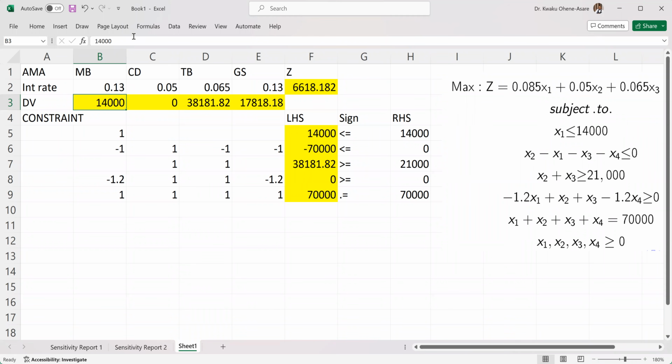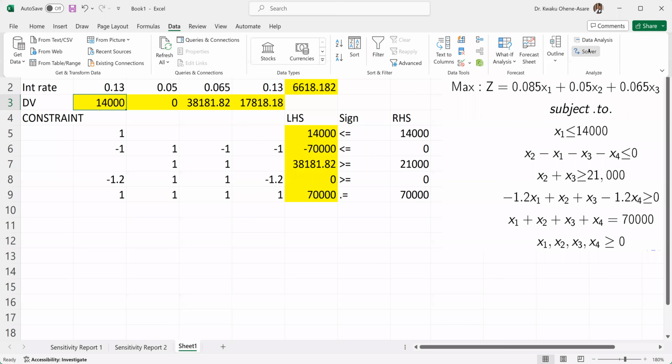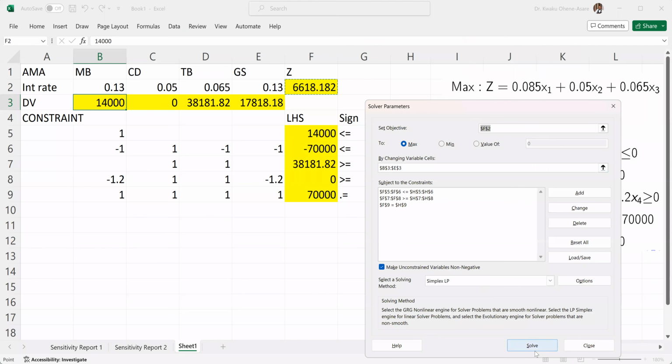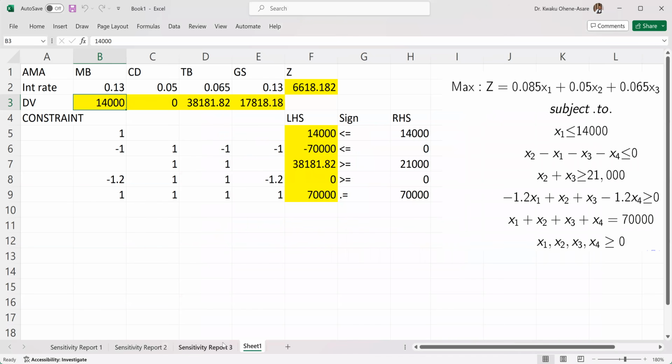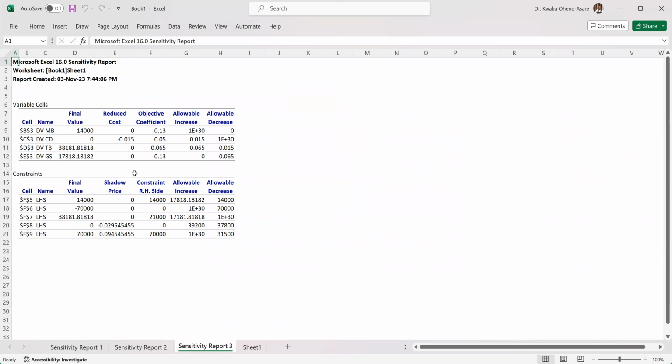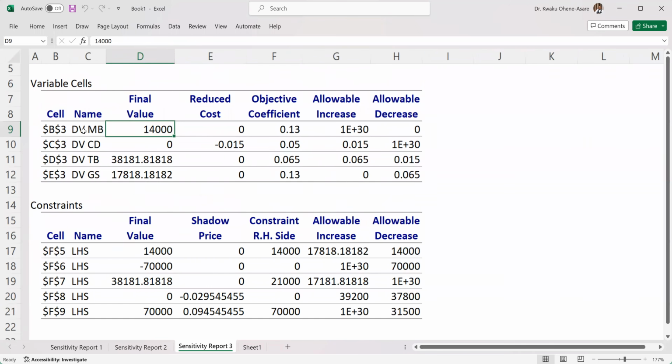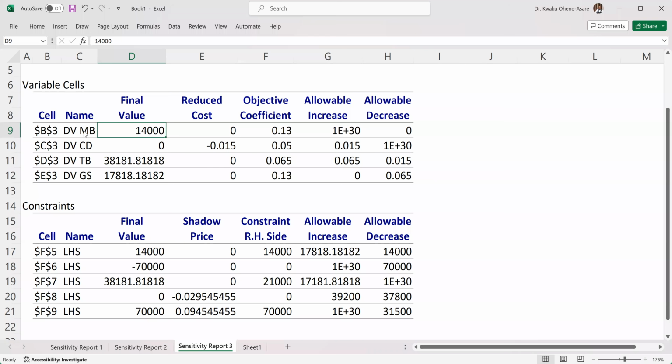So I'm going to create another sensitivity range. I'll call it sensitivity range 3. Okay, so this is range 3. Let's see. I think that should be the situation. Yeah, you see, the value is still giving you 14,000.